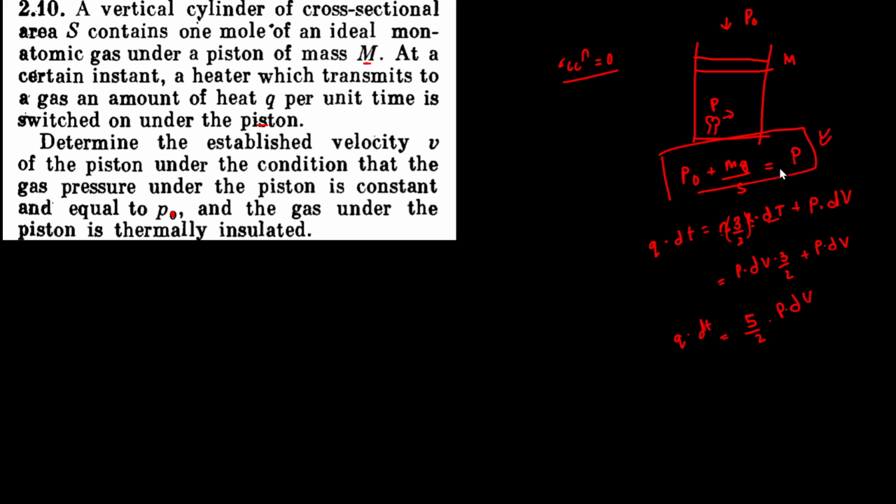Now what is the change dV? If I assume this whole height to be h, and there is a slight displacement of the piston, the change in volume will be the area of this piston, which is given as S. We don't take it as A, we'll take it as S. So S dh, giving 5 by 2 P S dh equals Q dt.